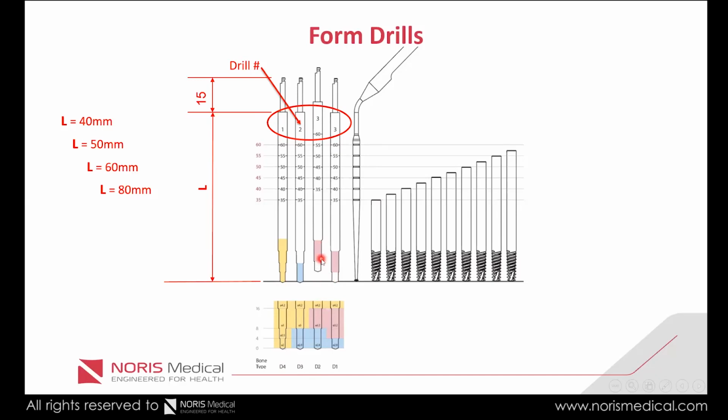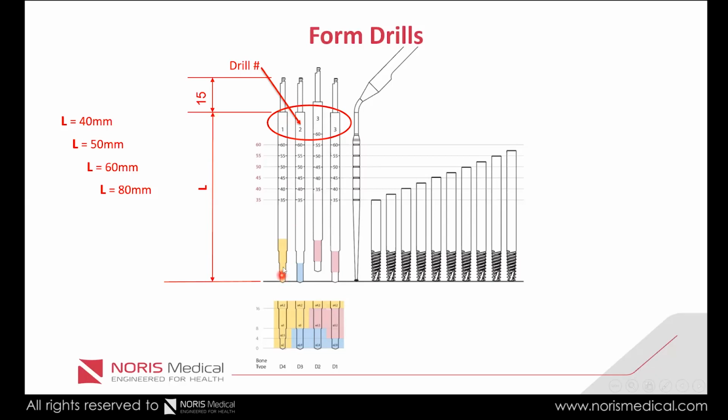And we have to make sure that we choose the right drill from the set. We don't want to use the wrong drill. Most of the drills we're using, in 90% of the cases, we'll use drill number one, just drill number one.